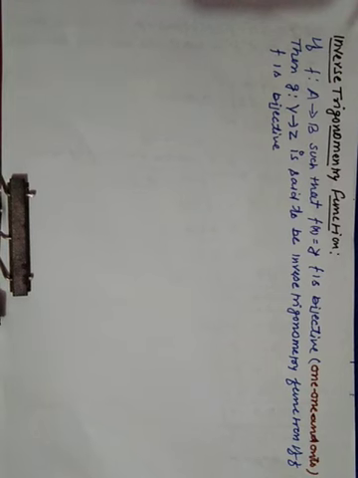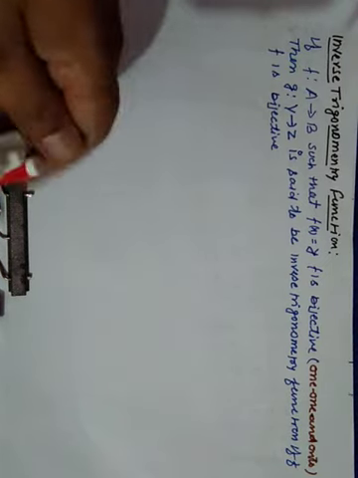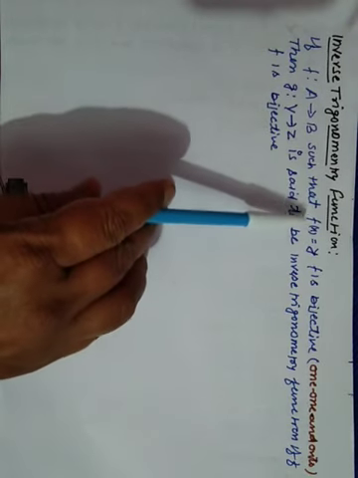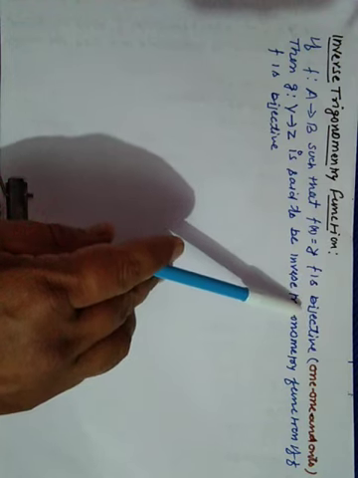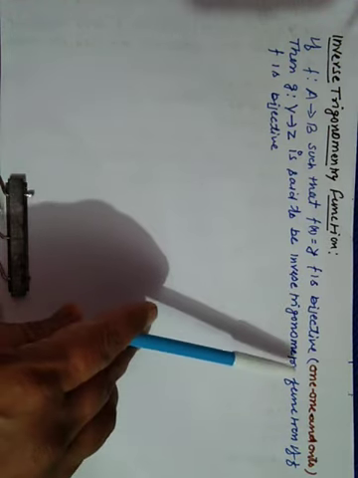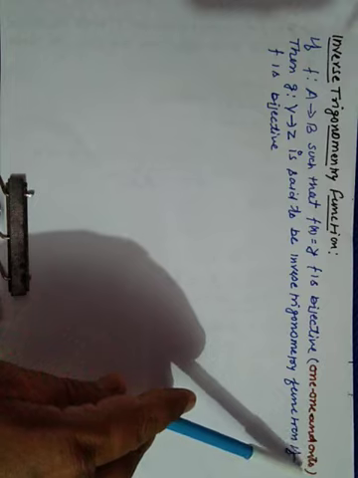Okay, what is actually an inverse trigonometrical function? We will discuss in this one. So now we have a definition. A function f from A to B such that f(x) is equal to y, and f is bijective. Bijective means it holds both conditions, one-one and onto.